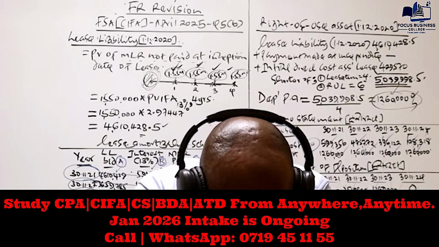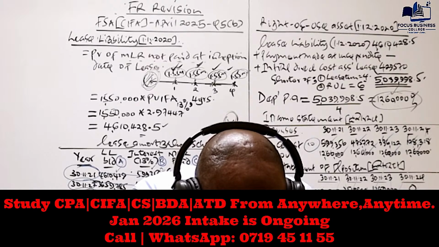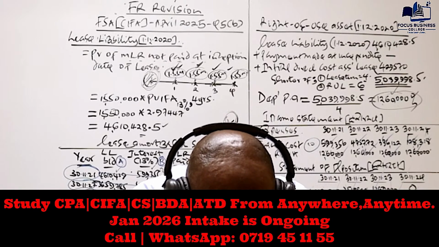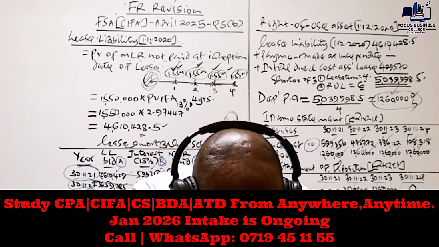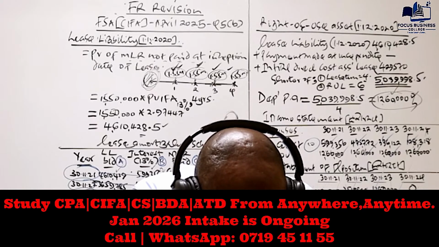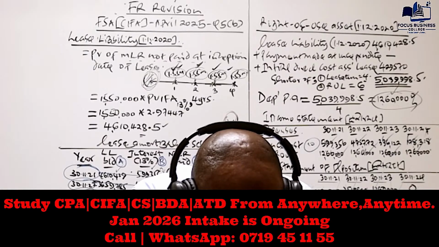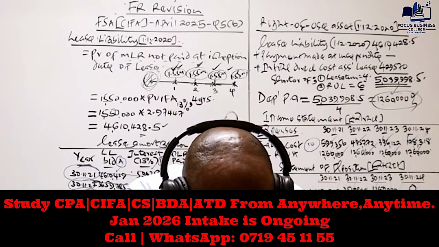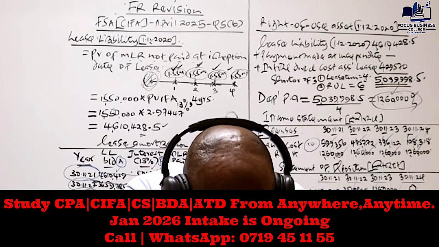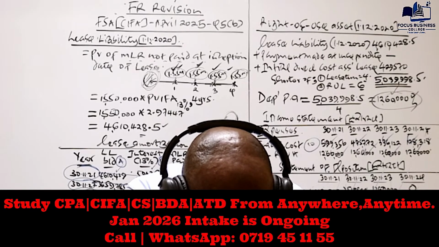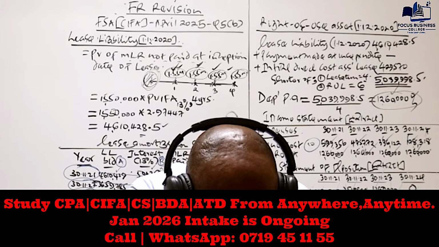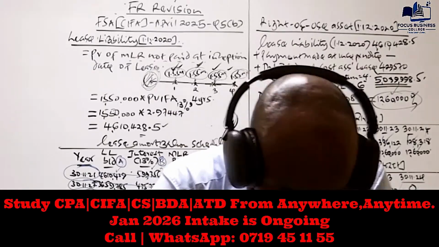We are told the prevailing market rate on 1st January 2019 for similar bonds without conversion rights was 9% per annum. And all the interest in the year to 31st December 2019 has been paid. So what are we required to do here? We are required to calculate the amount to be included in the statement of financial position of Good Limited in respect of the convertible bonds on 31st December 2019.